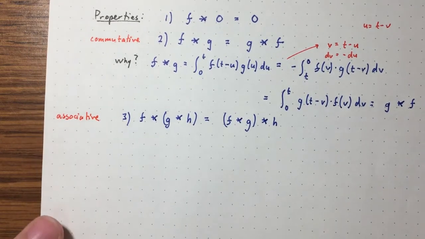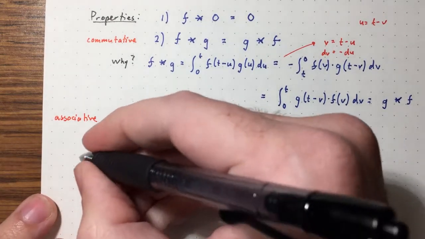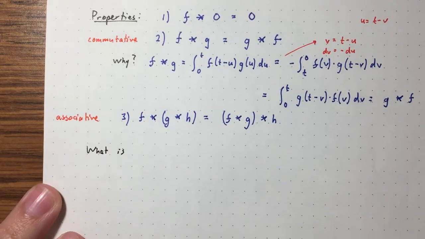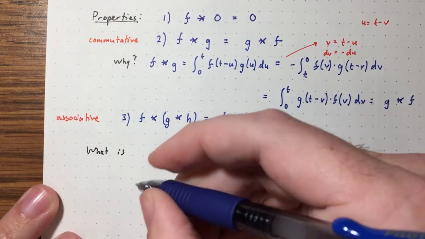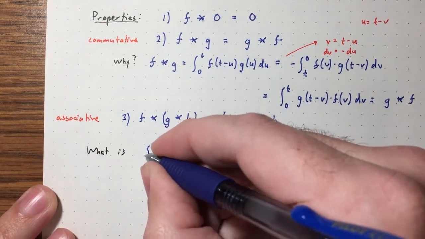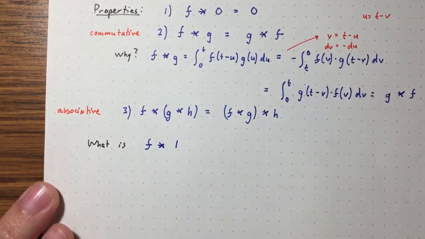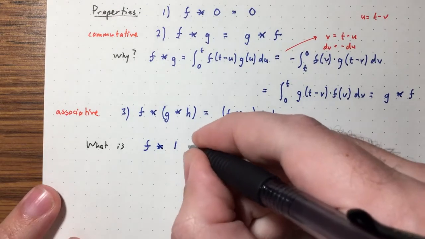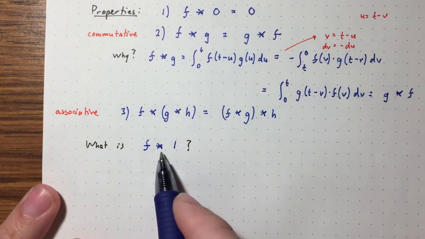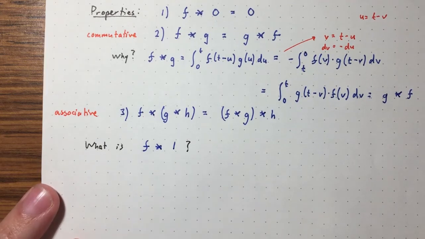Okay, so what about this? What is f convolved with 1? Well, we would think if this is acting like a multiplication, then it should just be f.